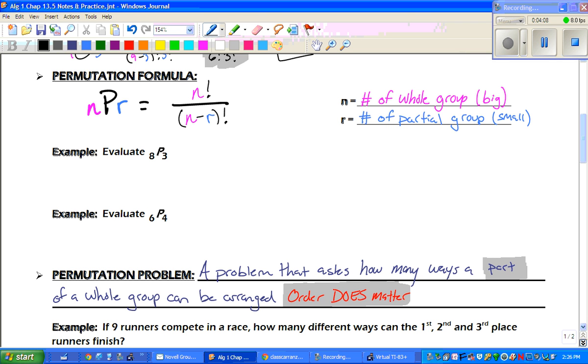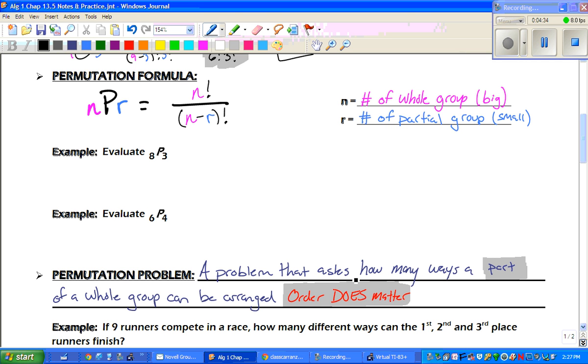A lot of times you're going to see this with people finishing a race or voting in an election. Order matters in those things. The formula for that is very similar to the combination formula, except you're not taking the factorial of the small group again. Everything else means the exact same thing.